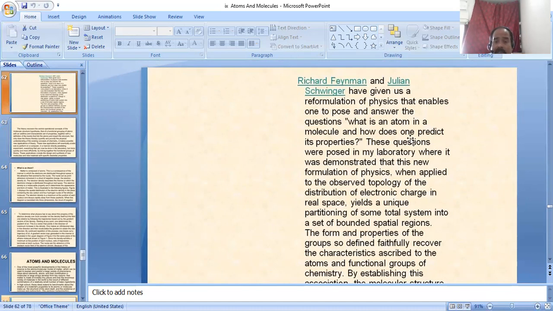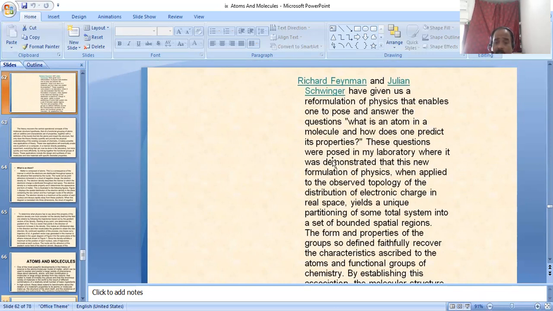Richard Feynman and Julian Schwinger have given us a reformulation of physics, and it was to answer the question: what is an atom in a molecule and how does one predict its properties?